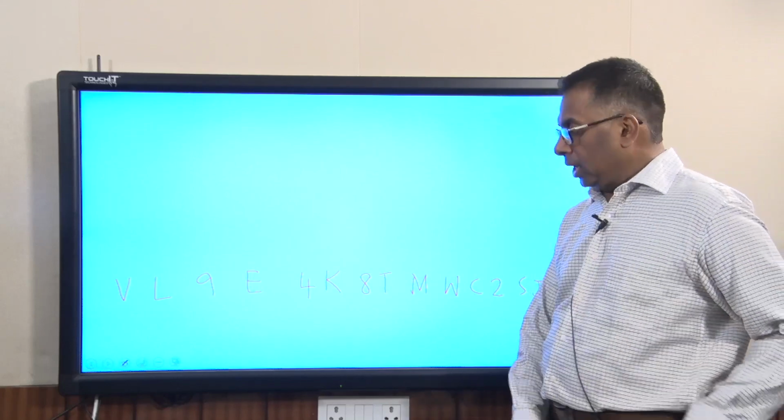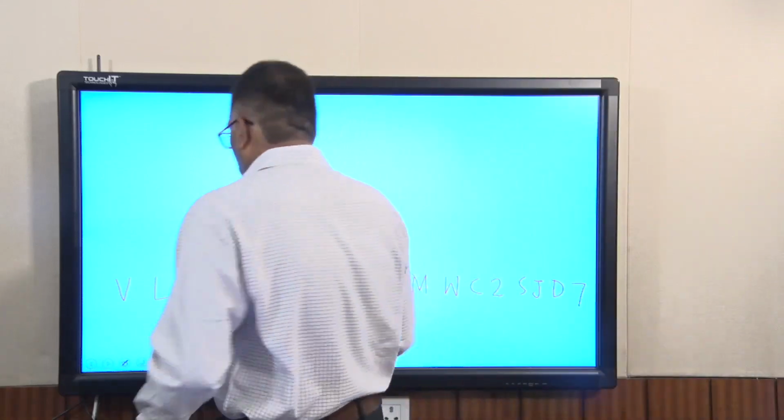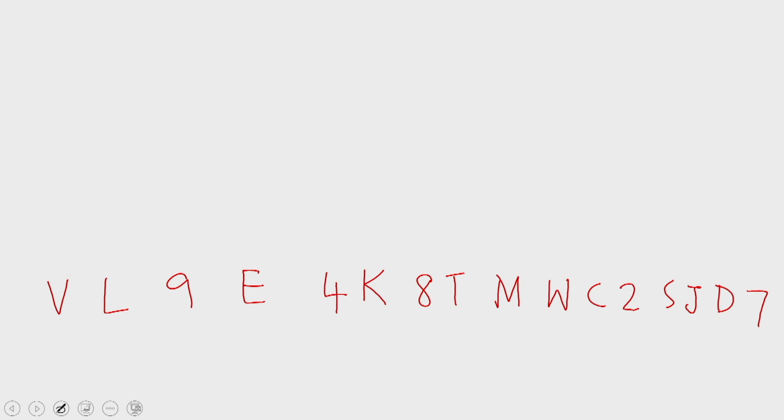The parent of the leftmost nodes V and L will get these elements in sorted order in their cache arrays. So, the parent will end up getting L and V in sorted order in its cache, and these two nodes will get 9 and E, which is the sorted order, and here it is 4 and K, and here it is 8 and T. They are already in sorted order.